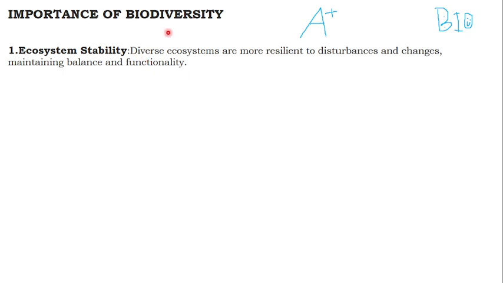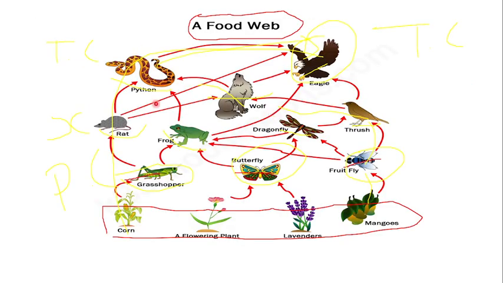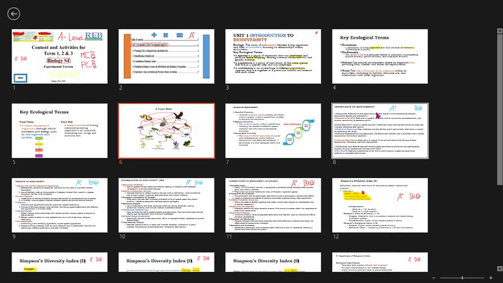Once you have a high amount of organisms, they make the ecosystem stable. As you have many organisms here, your ecosystem is going to be stable, and the environment is very, very stable.